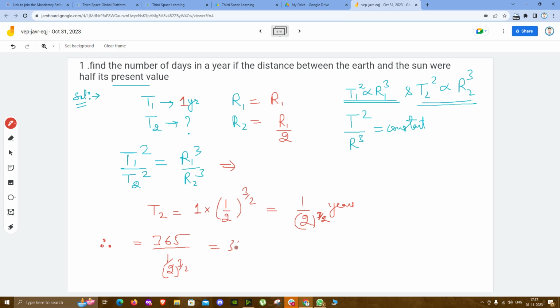So it will be 365 times 2 raised to power 3 by 2, which will be equal to 365 into 2.828. Okay, so it will be almost approximately 1032 days. So 1 year will contain this many days.